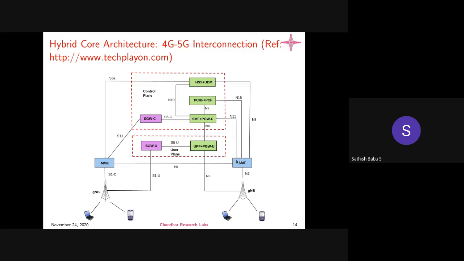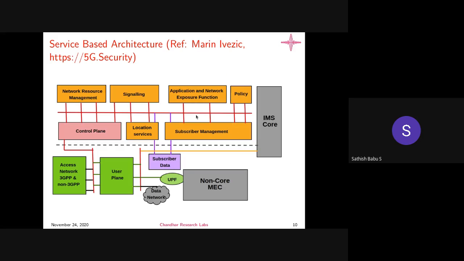This AMF is again controlled by your UPF also, because in 5G, in this diagram, you have a common service based interface. Yeah, sir, in 4G the PCF is in the control plane, whereas in 5G it interfaces with the user plane, no? Yeah.